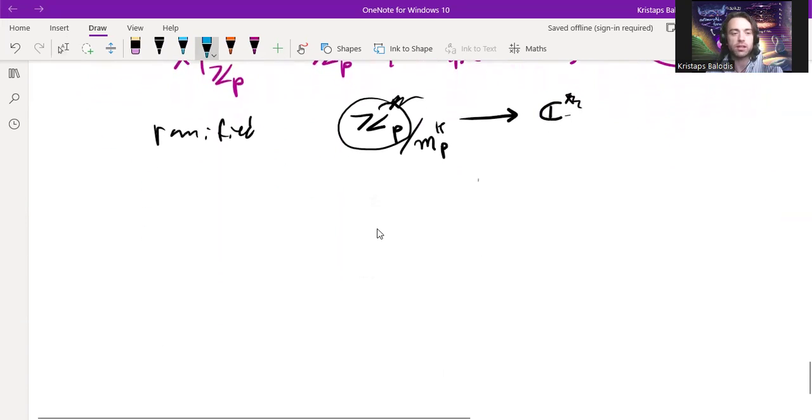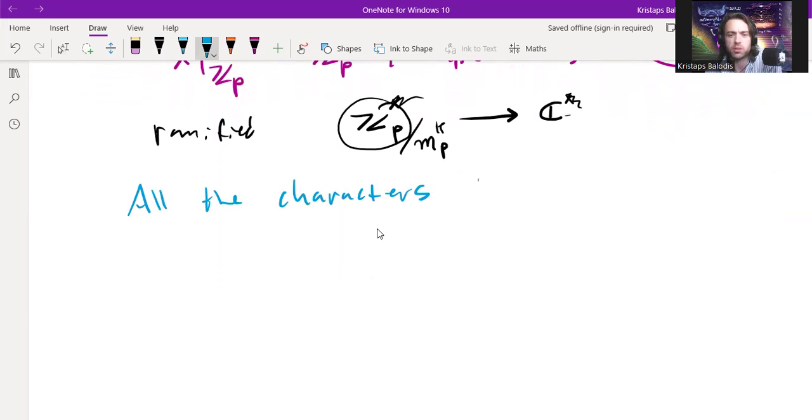So it turns out that all the characters, at least the smooth admissible ones, but I think probably just all of them algebraically, are of the form chi of the determinant for some chi, which is a character.